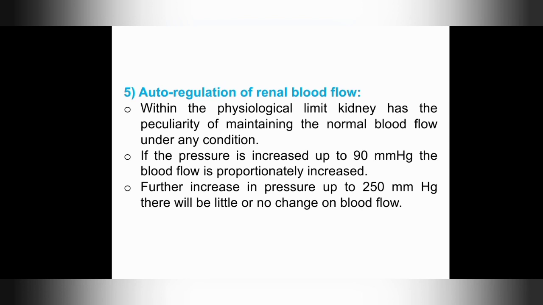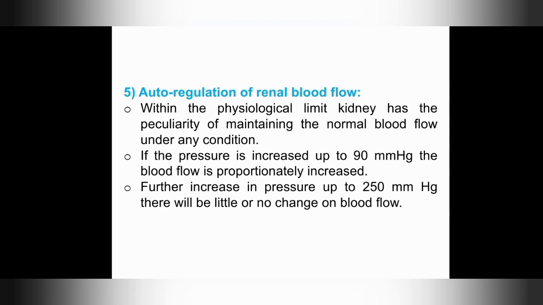Now, but if our blood pressure is increased more than 90, say for example 100, 120, 140, 150, what is going on? It is written that with further increase in the pressure up to 250 mm of mercury, there will be either no or very little change in the blood flow. I repeat, when the blood pressure increases up to 90 mm of mercury, the blood flow inside the kidneys also increases proportionately.